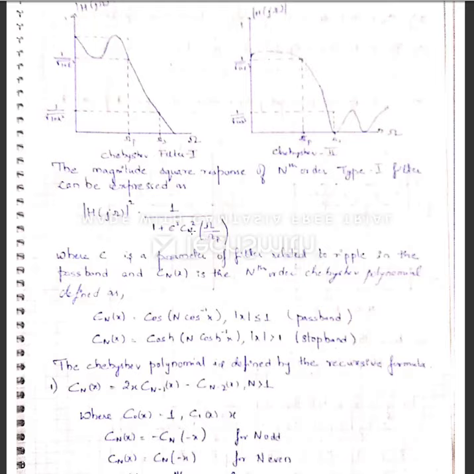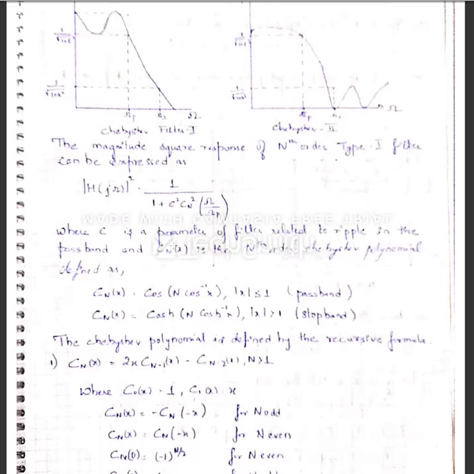Cn of x will be given as cos of n cos inverse x for a particular range in your pass band, and otherwise Cn of x will be cosh. Cosh is a hyperbolic function, and these hyperbolic functions are analogs of the ordinary trigonometric functions like your cos, sine and all.